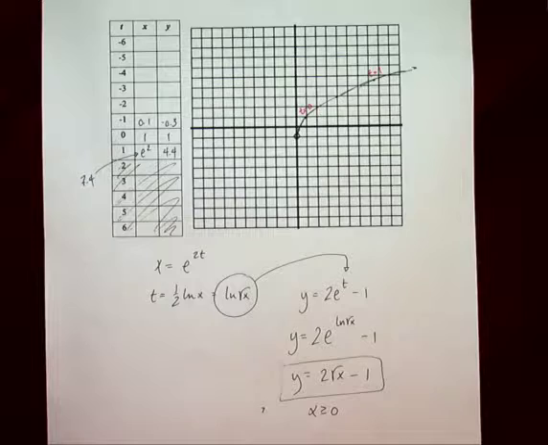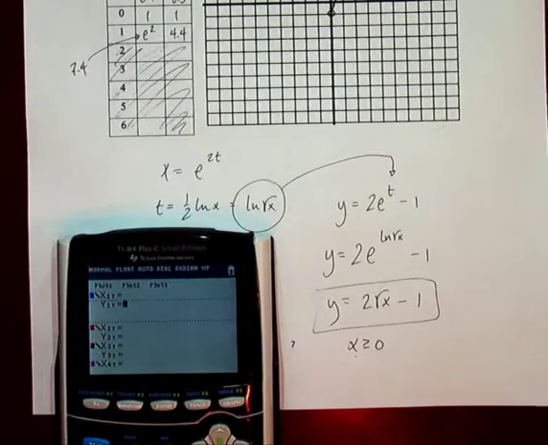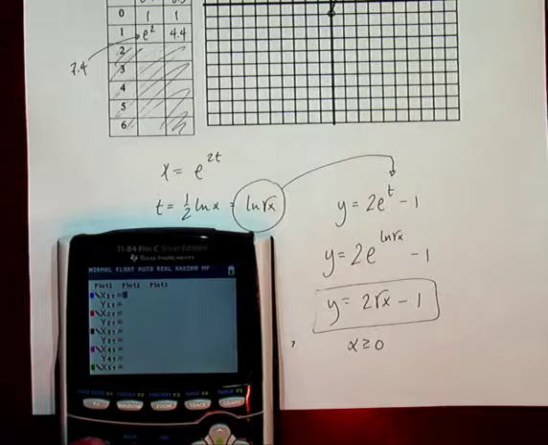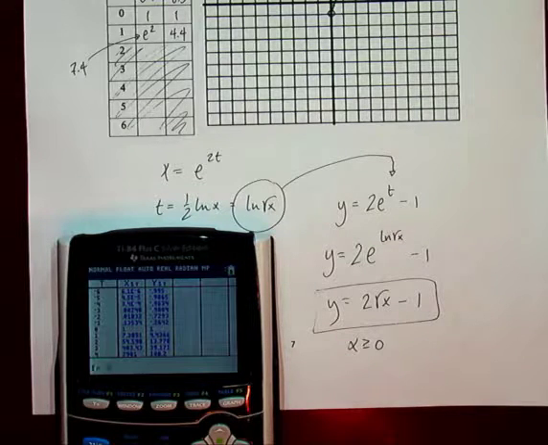Or, I tell you what, let's just go ahead and plug it into the calculator and see those values, because I think that's going to be instructive. Let's go ahead. I know that the x is e to the 2t, and this is 2 e to the t minus 1. Now, I don't really care about the graph. I want to look at the table of values.